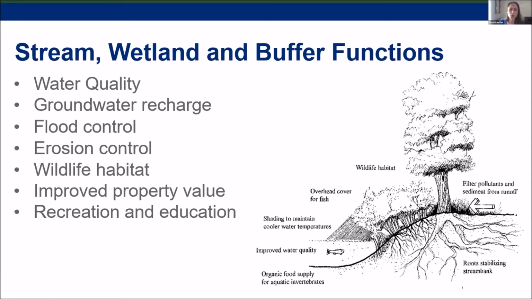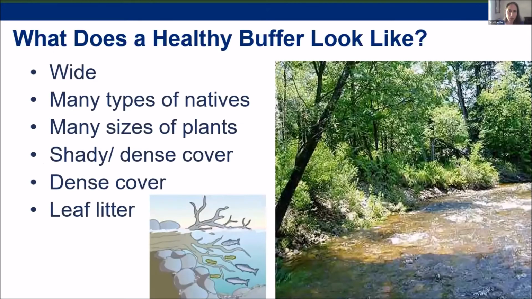Some studies have shown that it improves property values to have really healthy buffers along your stream. So not a stream that looks dirty and messy. And I shouldn't say messy, because messy is what we want, but a stream that's not looking healthy. And recreation and education opportunities are very many along the stream, and that could be fishing or kayaking, depending on what you're interested in.